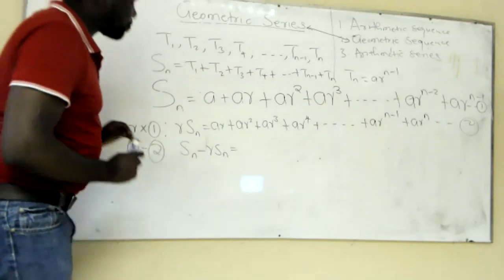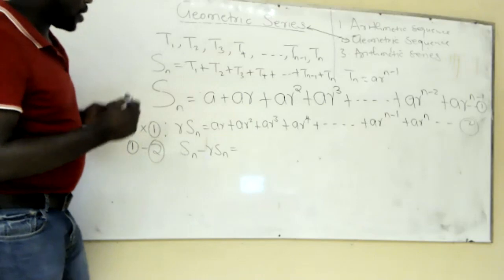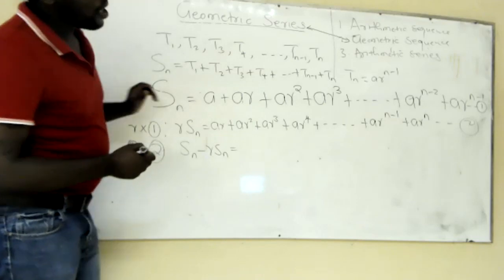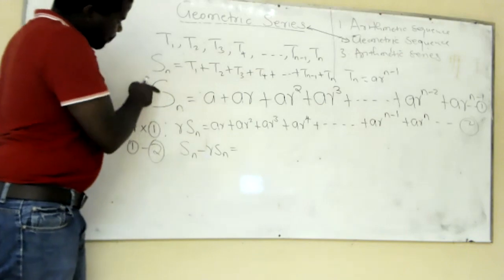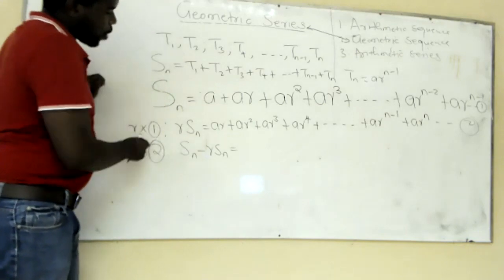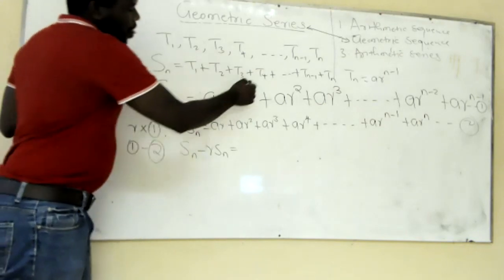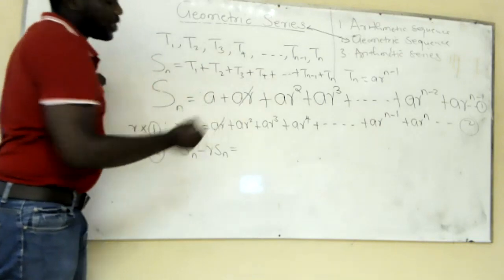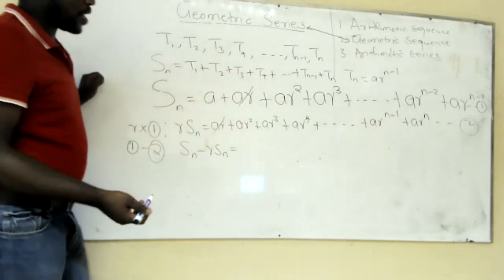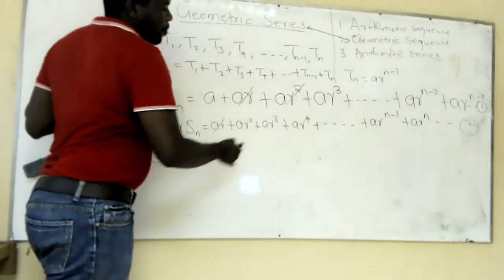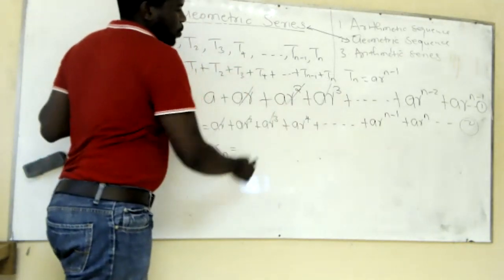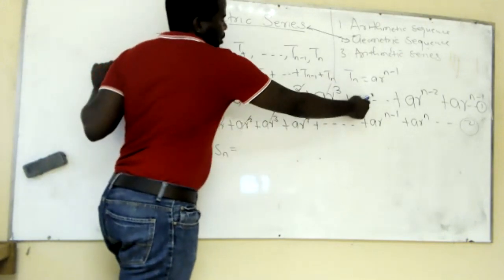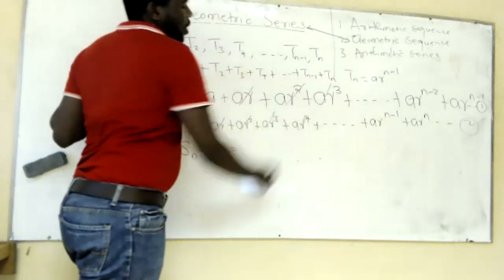Okay, let me continue. See what is going to happen here. You can see that if we subtract equation number 1 with equation number 2, this term is going to cancel with that. Why? Because they are the same, eh? This term is going to cancel with that term. This term is going to cancel with that term. Other terms which are inside the dots are going to cancel with that.